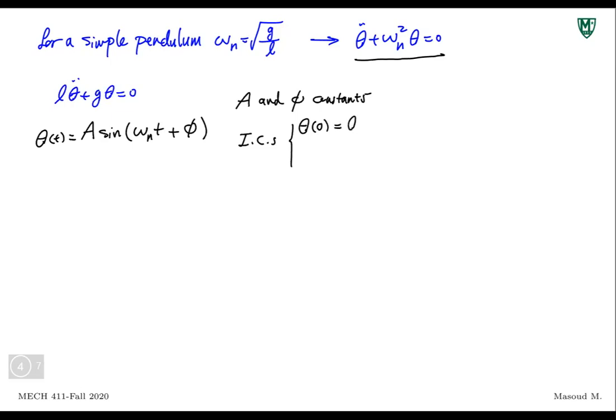And I'll represent that with theta naught, the initial displacement. The second initial condition is how fast I let it go. I can take it here and let it go, or I can take it here and push it. So I can give it some initial velocity, which means a second type of initial condition, which is theta dot. As I said, theta dot is just the derivative of theta with respect to time, just angular velocity. And I'll represent that with theta dot naught.